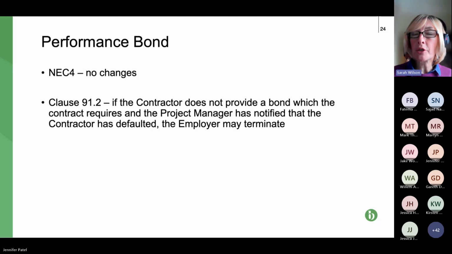So, for example, a retention bond might be on demand because it's a substitute to retention that would ordinarily be deductible on each interim payment. So it's really important to check whether the payment is on demand or upon proof of claim, or adjudication award, etc. Next slide, please.